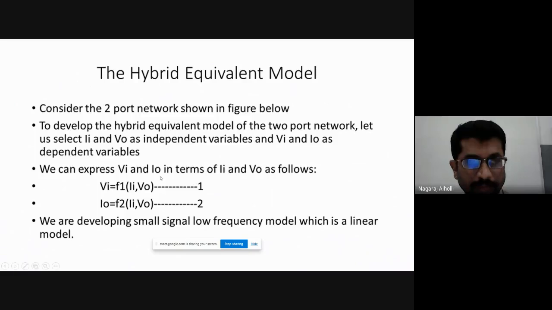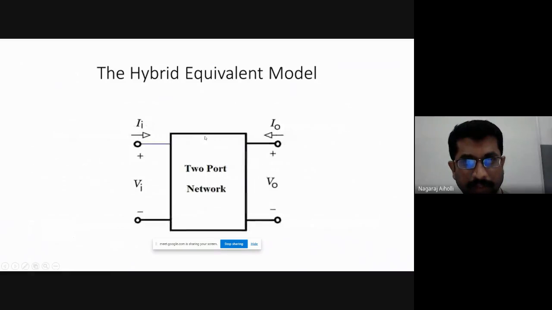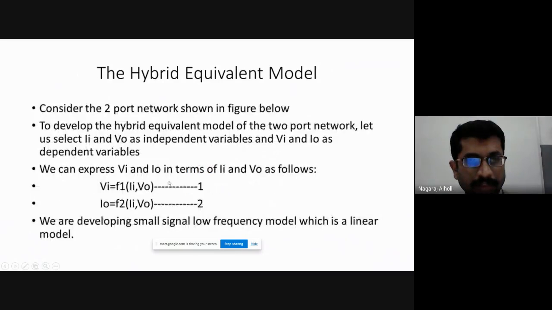Here we assume Ii and Vo as independent variables, whereas Io and Vi are dependent variables. The dependent variables are expressed in terms of the independent variables. That is, Vi is a function of Ii and Vo, and Io is a function of Ii and Vo.